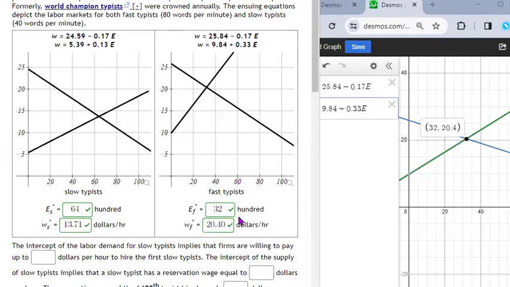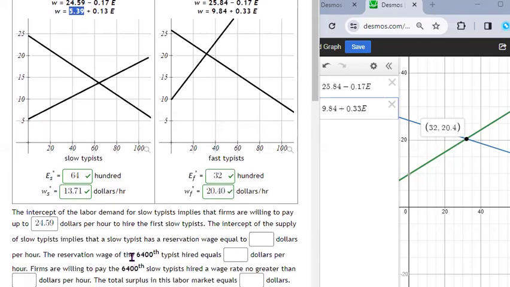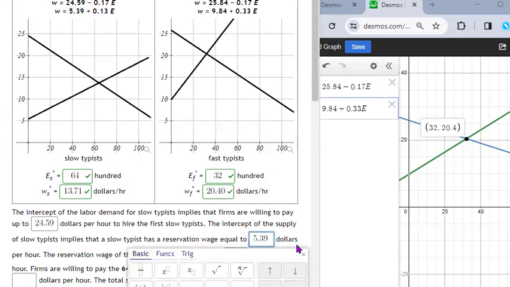Now, the intercept of the labor demand for slow typists implies that firms are willing to pay up to $24.59 per hour to hire the first slow typist. The intercept of the supply of slow typists, which is 5.39, implies that there's at least one slow typist with a reservation wage equal to $5.39, right?